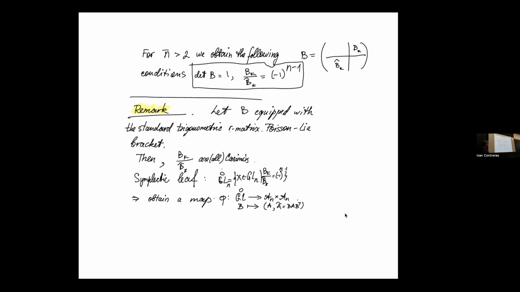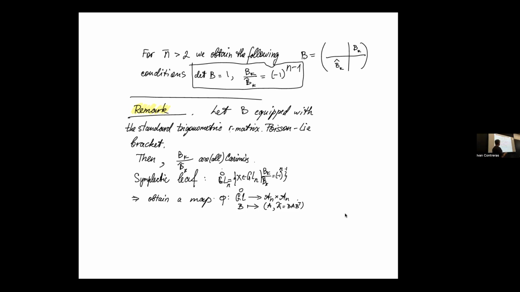Now remark that if we think about B as an element of GLN equipped with the standard trigonometric Hermitian structure, then this collection of BK divided by BK hat are exactly the Casimirs of this Poisson bracket.